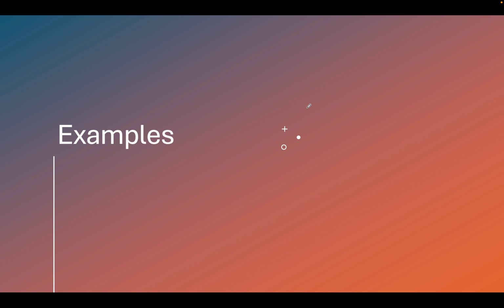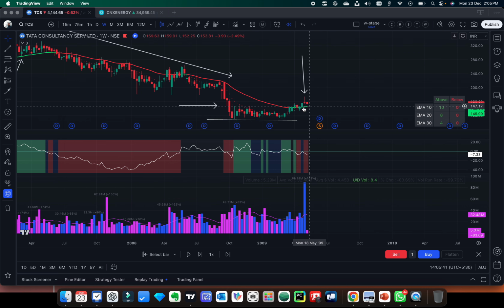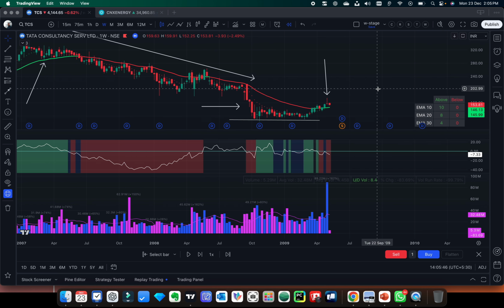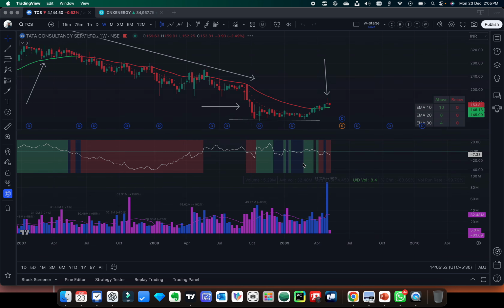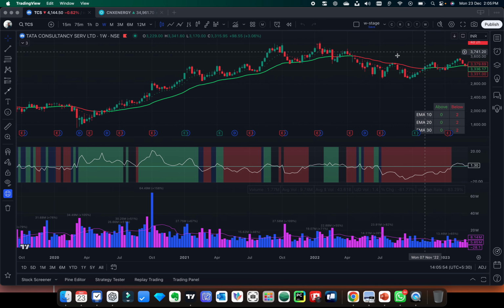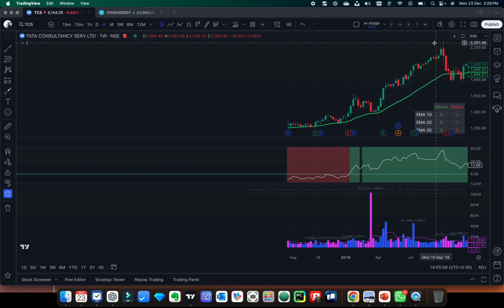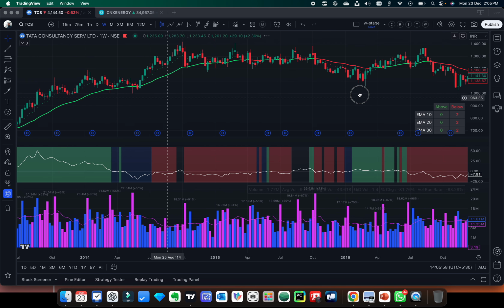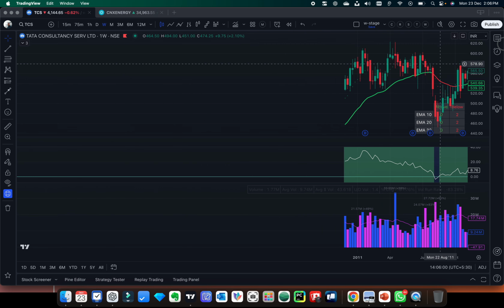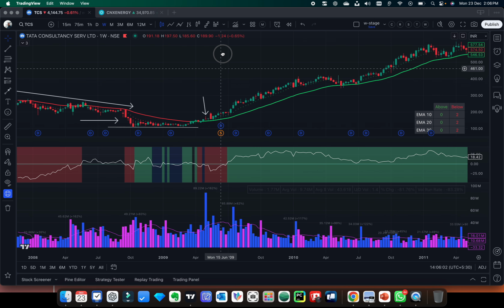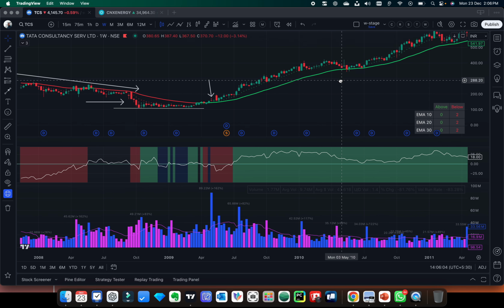Okay, so this is the basing phase, and then the moving average becomes positive and the price goes... yes, so this is the place.